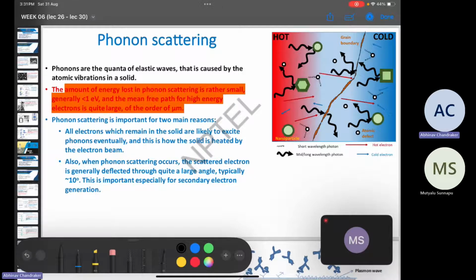So the first kind of inelastic scattering is phonon scattering, and what happens here is that due to the incoming electron, there are some atomic vibrations which take place.